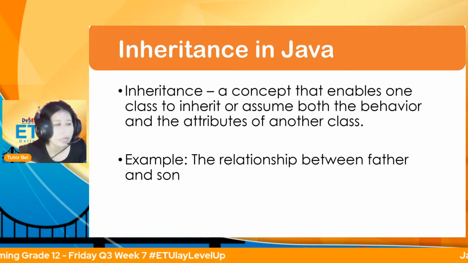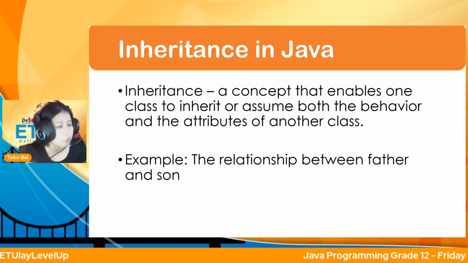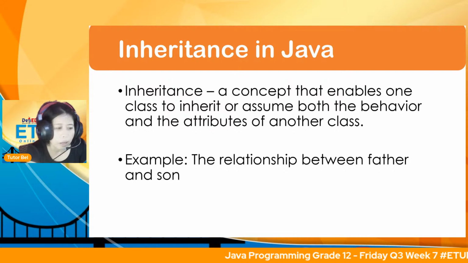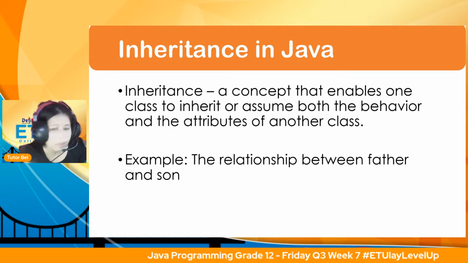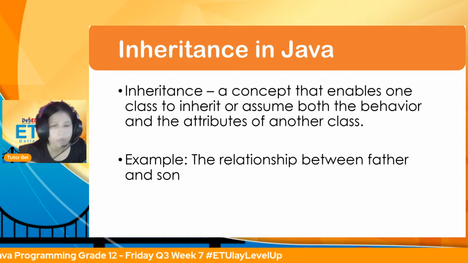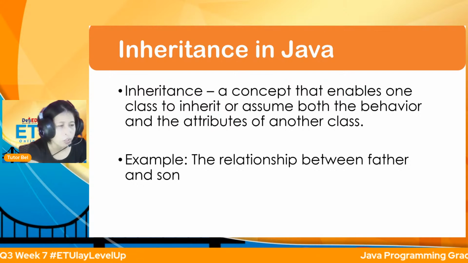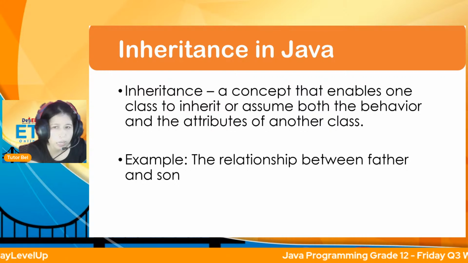Yan po yung mga usual na attributes. Minsan naman yung mga katangian, like for example kung friendly, yung height, namamana po din yan. It's actually the same concept po iyan ng inheritance in Java.